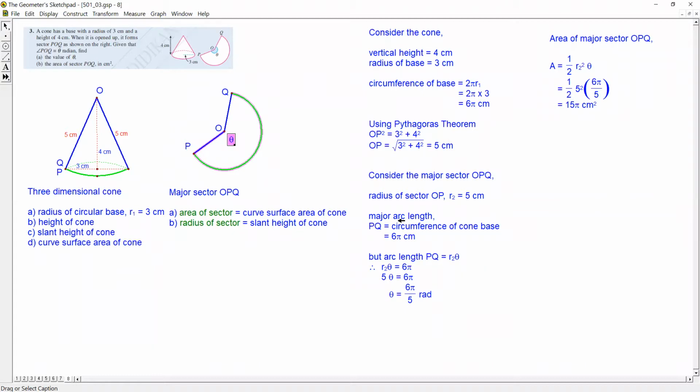Now the arc length comes from the circumference. The arc length, the green color, comes from the circumference. So the major arc length PQ, which is the circumference of the cone, is 6 pi. But we also know that the arc length is s equals r theta.